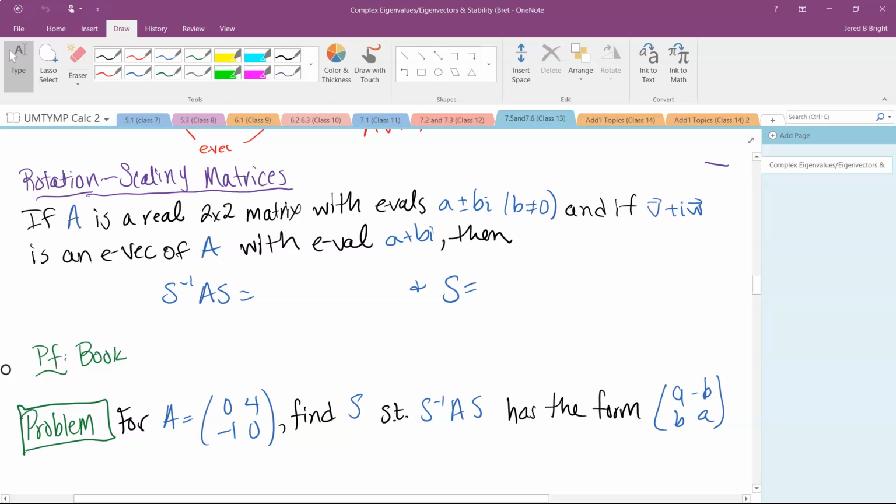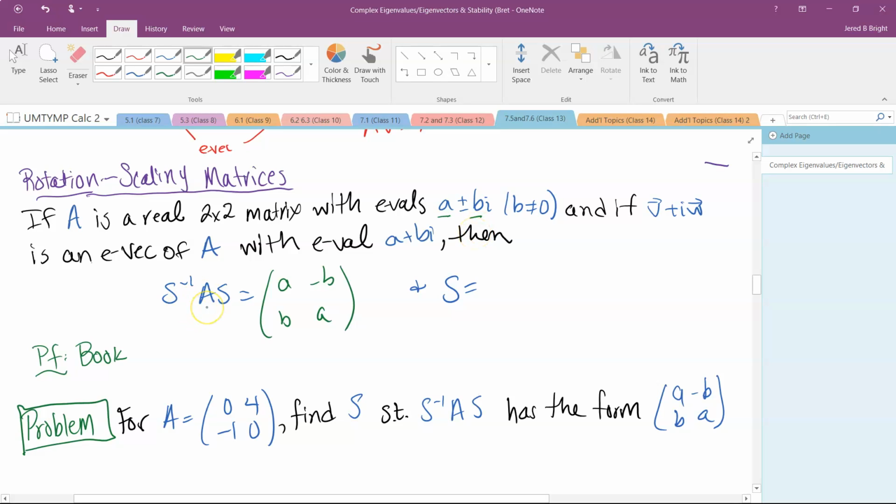What happens is that if we have matrix A and want to diagonalize it, the way we create the diagonal matrix is as simple as taking the a and b values from our complex eigenvalue and arranging them as such: a, b, minus b, a. That's what it will equal in its diagonal form. It isn't completely diagonal because we have complex eigenvalues, but that's the general form.